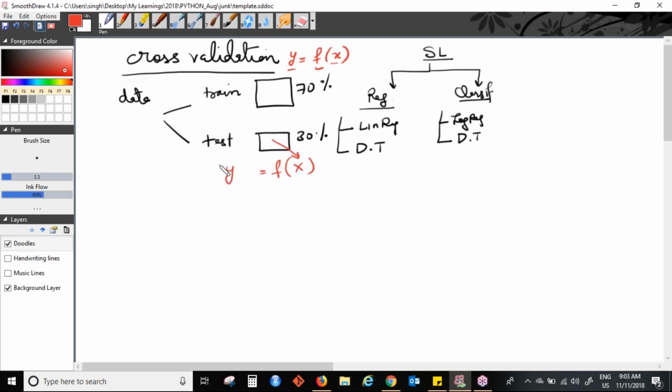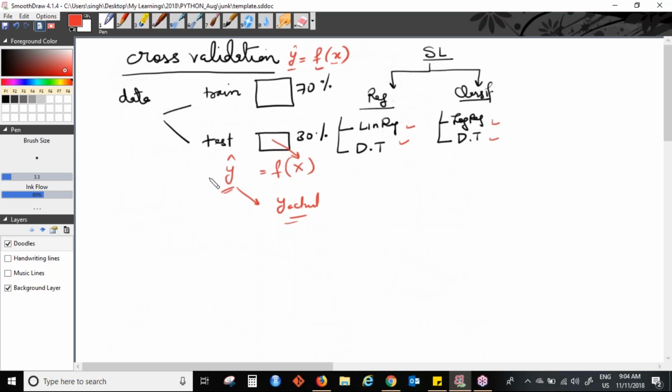And then we get our y. This is y hat, the predicted values. Then we compare this y hat with the y actual values to see how much error we are making. This is the process we follow for all the algorithms. Whichever algorithm you take, we have followed this particular approach.